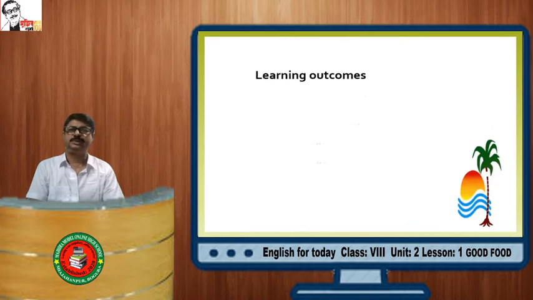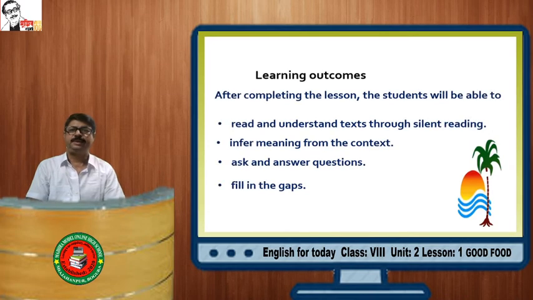Learning outcomes. After completing this lesson, the students will be able to read and understand text through silent reading, infer meaning from the context, ask and answer questions, and finally fill in the gaps.